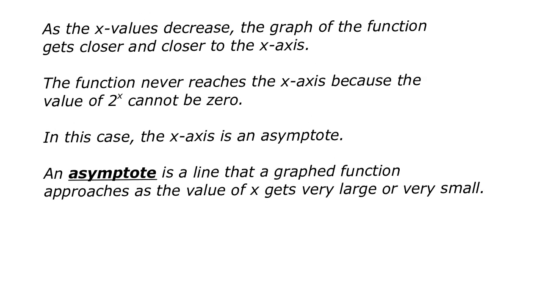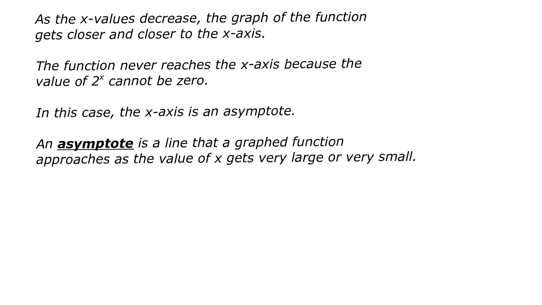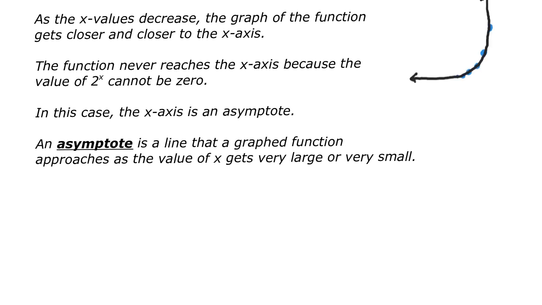If you notice on that graph, as x values decrease, in other words, as I get closer and closer to 0, the function is leveling off and getting closer to the x-axis.